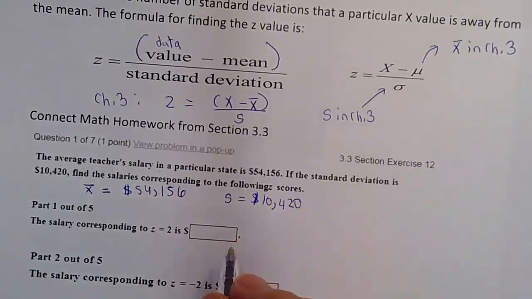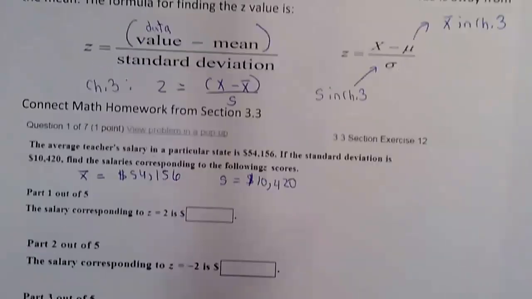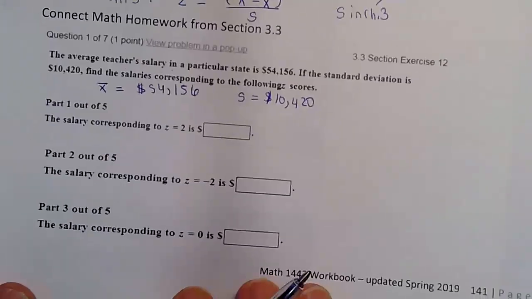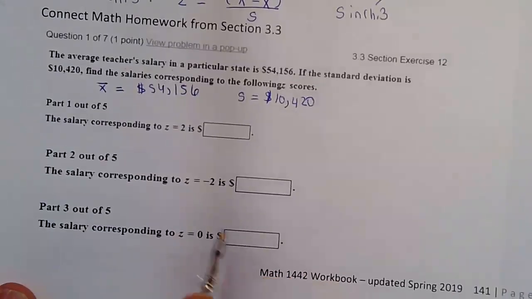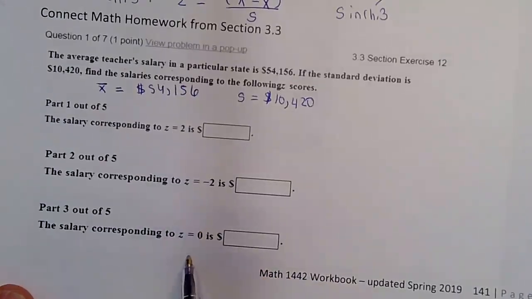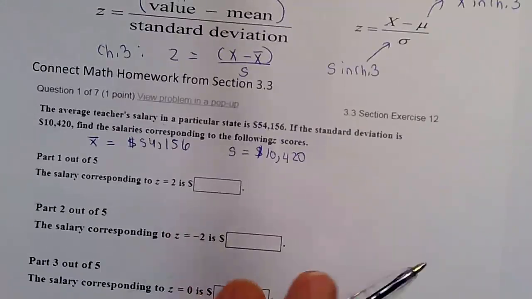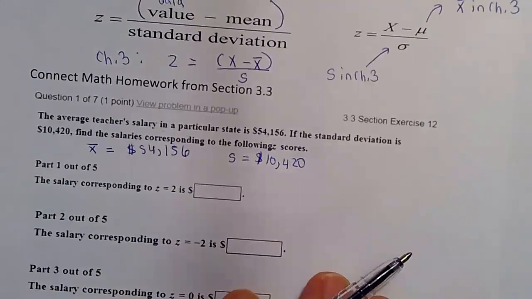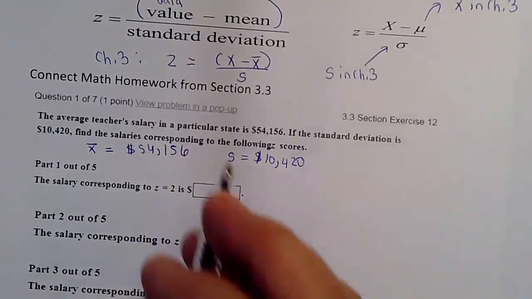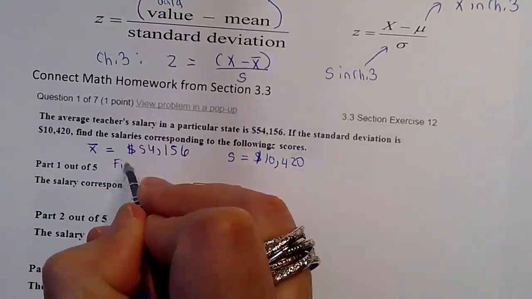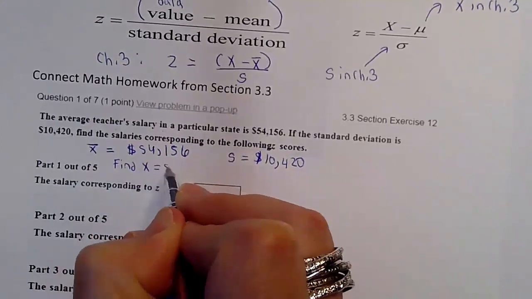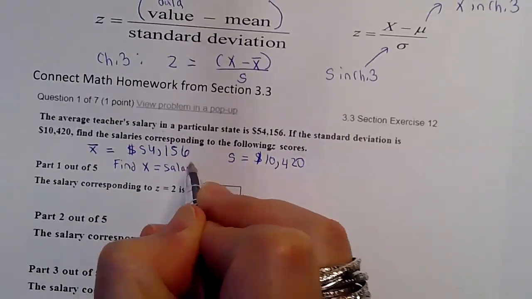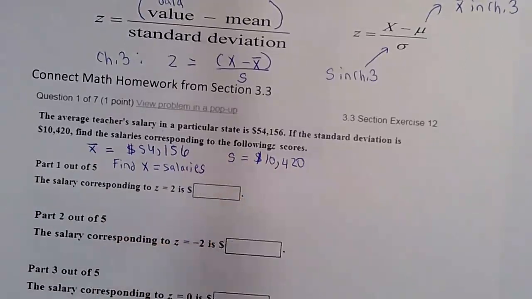And they want you to find the salaries corresponding to the following Z-scores. So have part 1, part 2, part 3, and all these are Z's that are given. And they want you to find X, right? The salaries.